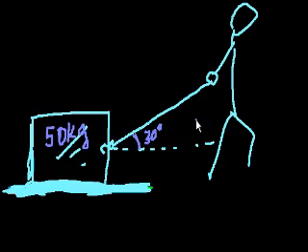And let's say that I'm pulling with a force. Let me draw my force, and this will be a vector. So I'm pulling in this direction. And it's a vector, right? Because a force has both a magnitude and a direction. That's what makes it a vector. And so this is the direction we said, 30 degrees up from the horizontal.